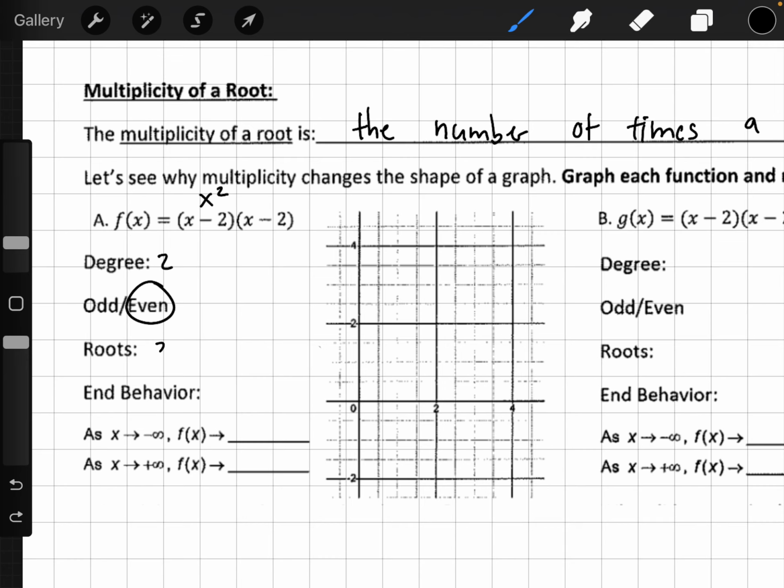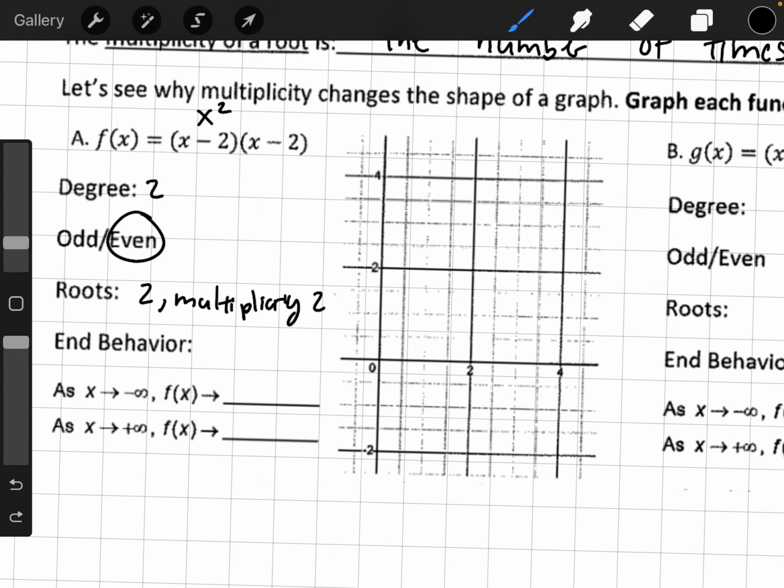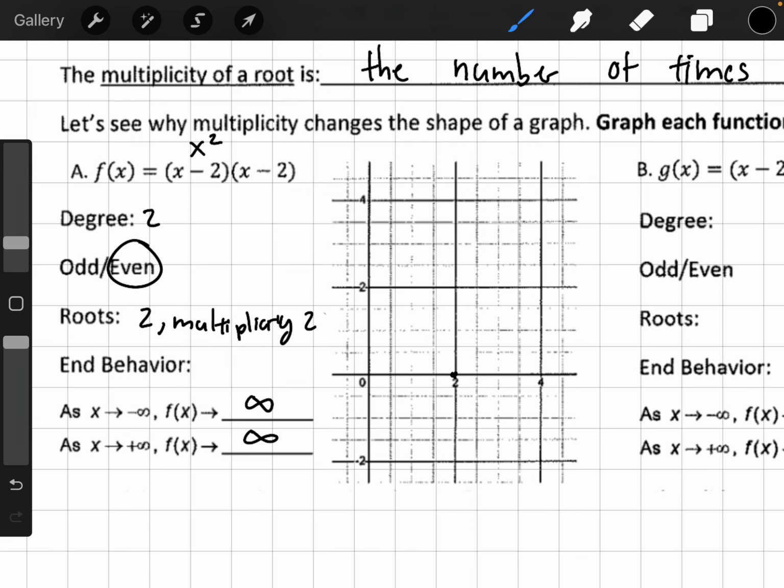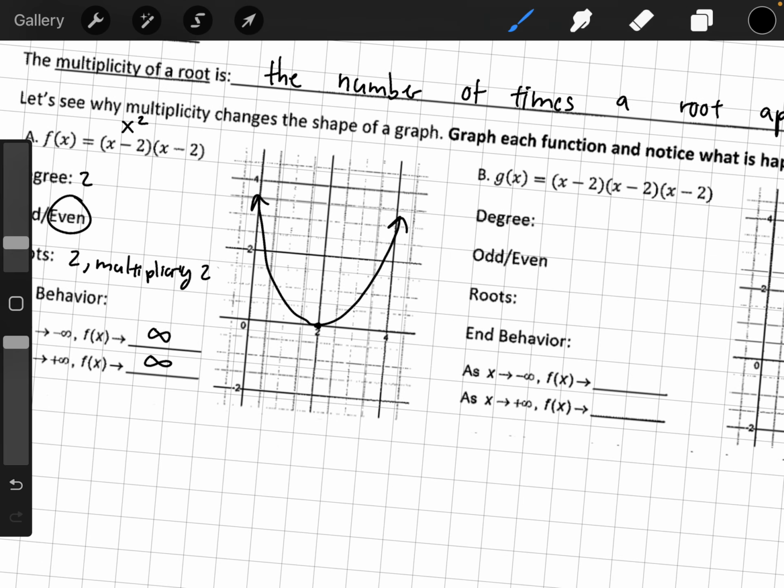Because these two are the same, the root of 2 has a multiplicity of 2, because it appears twice. So the end behavior here, as x moves to the negative direction, y moves to the positive direction. And as x moves to the right, y also moves to the positive direction. So we can just graph this as a normal quadratic.